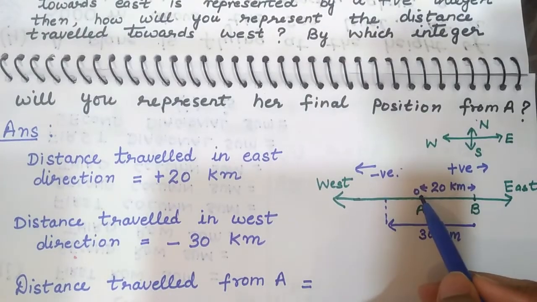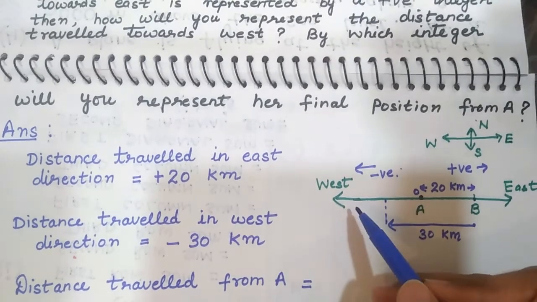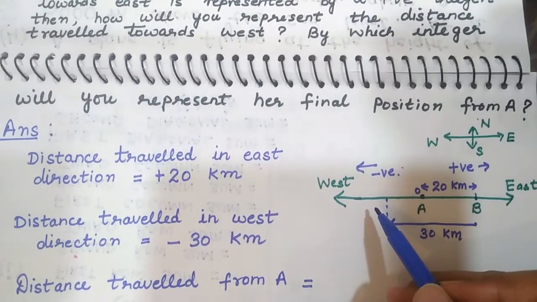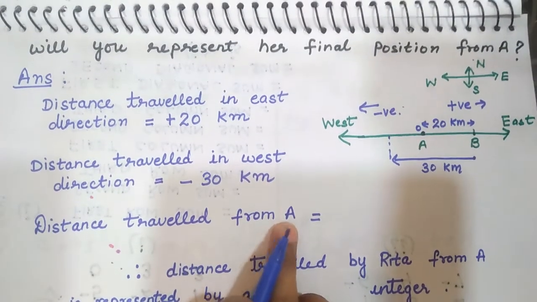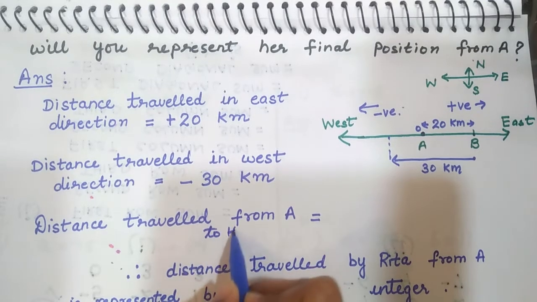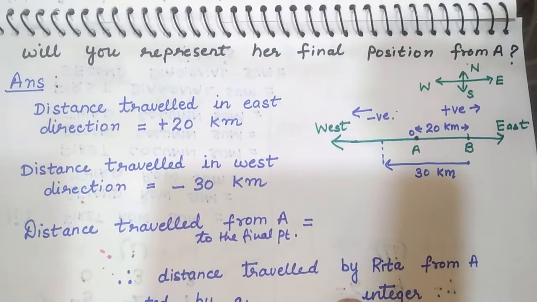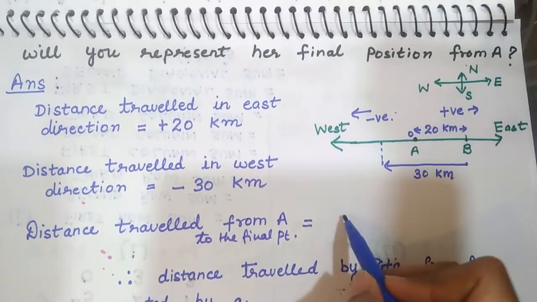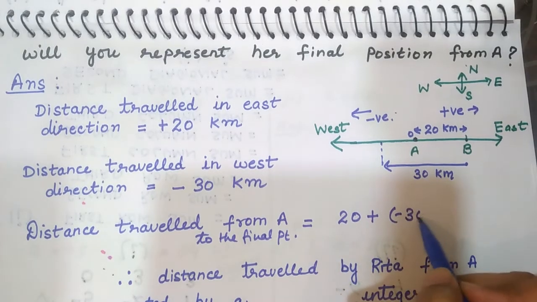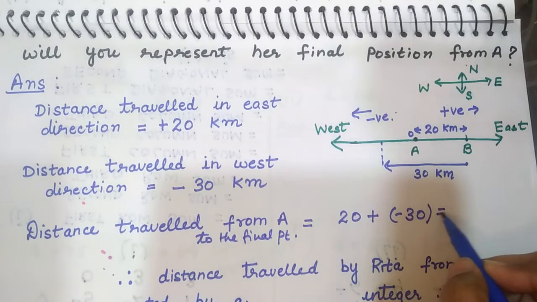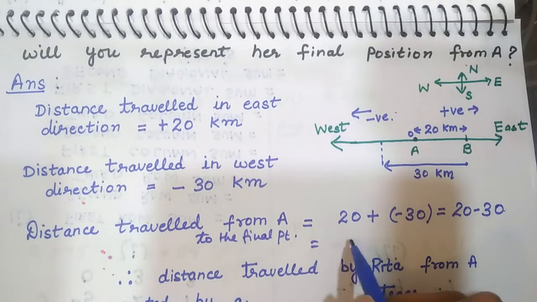When she moves 20 kilometer towards point B and then 30 kilometer towards west, what is the distance traveled from A to the final point? It will be 20 kilometer plus minus 30 kilometer, and plus minus we know is minus.